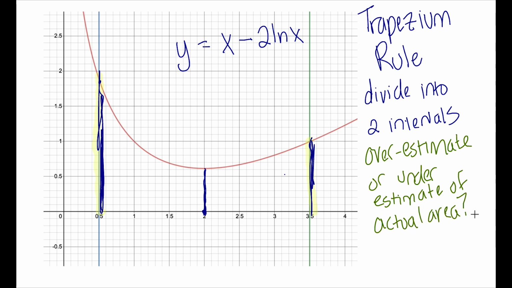Now, this is always asked last, but I do it first because you don't actually have to do any math to figure out that part of the question. So where these lines are hitting the curve, they create points. You're going to connect them with line segments.